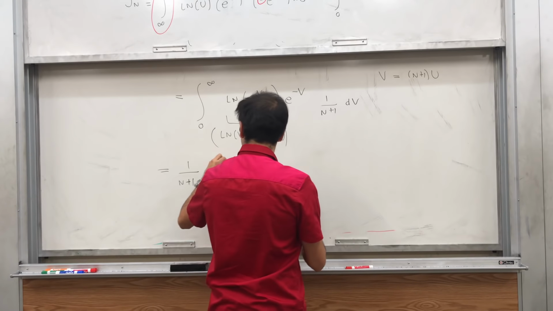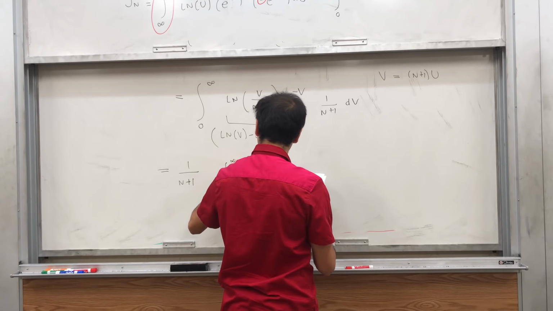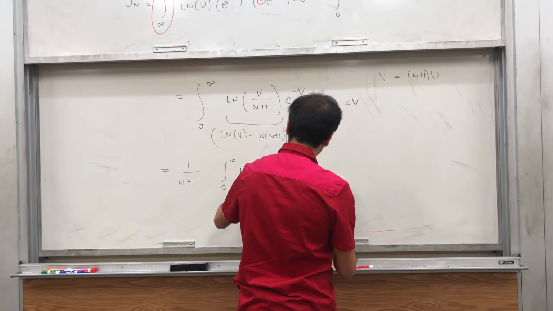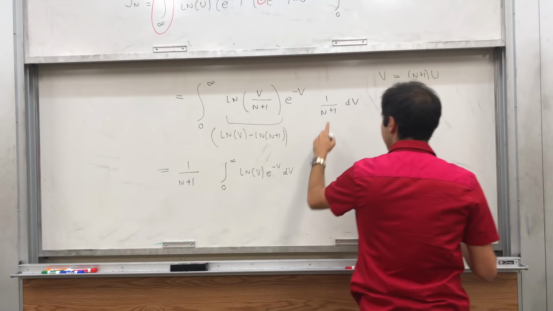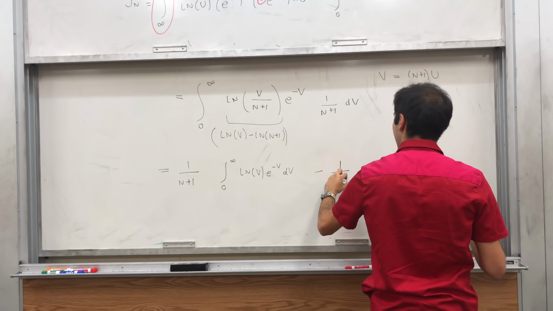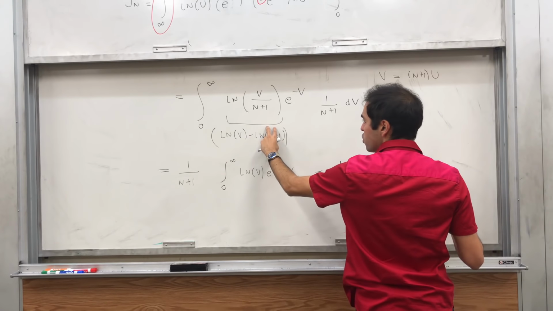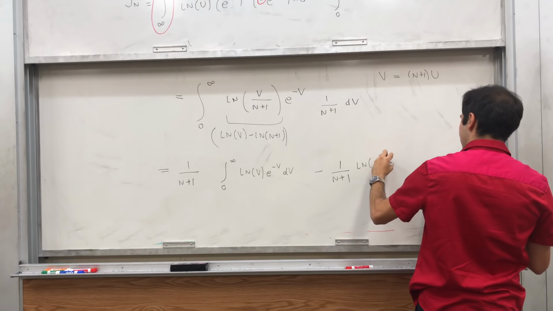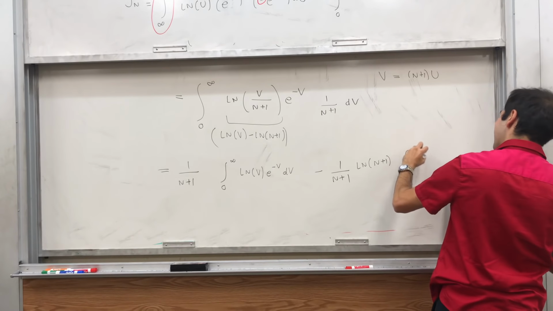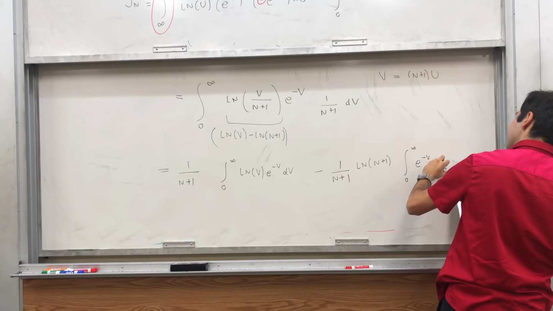So this term, integral from 0 to infinity, ln of v e^(-v) dv, and minus 1 over n+1. This term just comes out of the integral. It's constant with respect to v, and we're just left with the integral of e^(-v) dv.